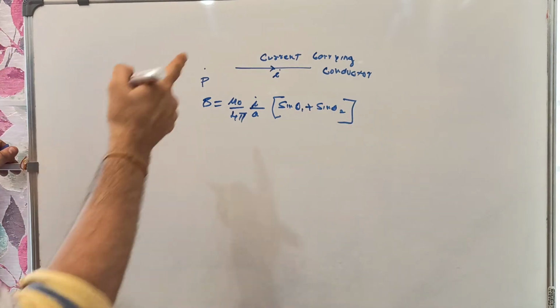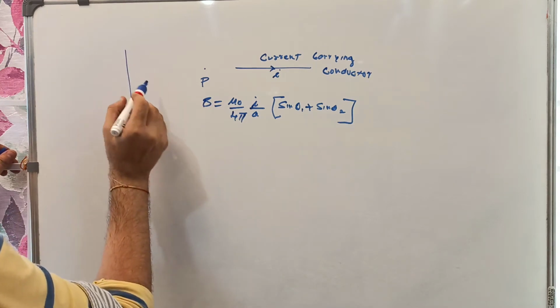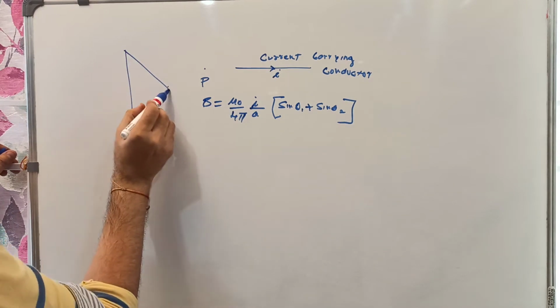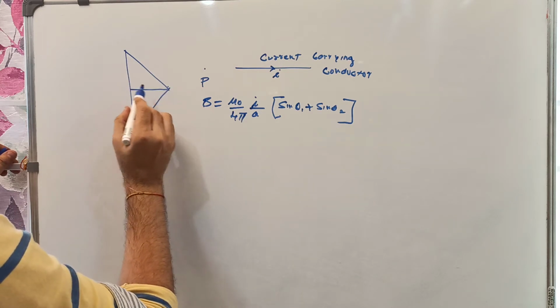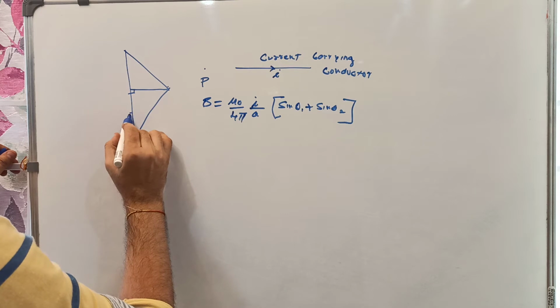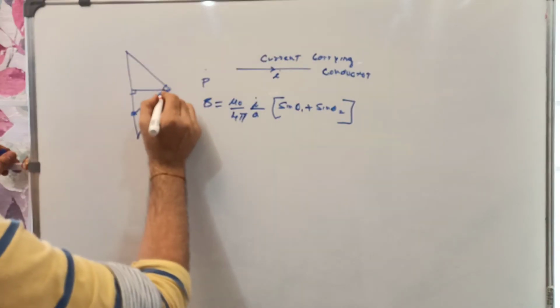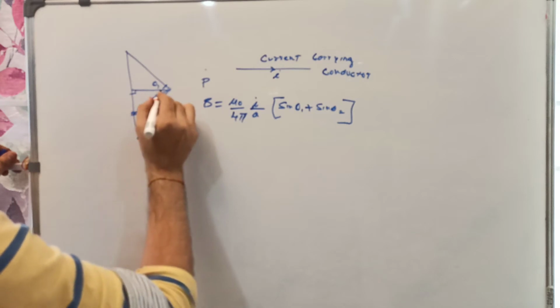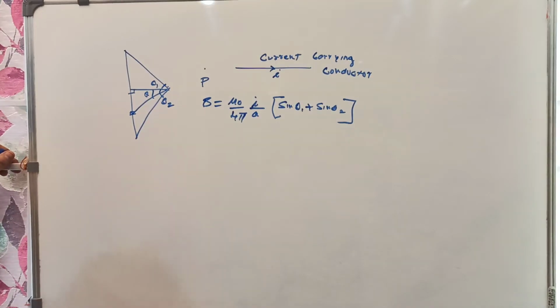If you relate it with the diagram we drew earlier, this was the perpendicular distance, and this was a dl which we took. If you remember, this was theta 1, and this was theta 2.